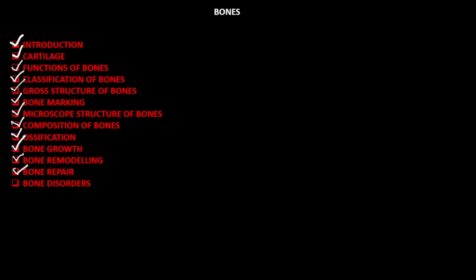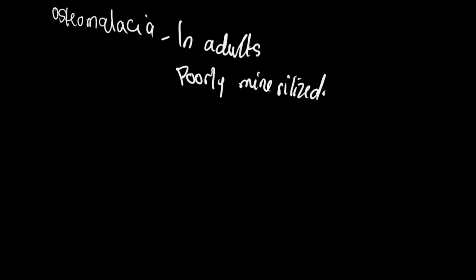Now we'll take a look at bone disorders. The first bone disorder we'll be considering is osteomalacia. Osteomalacia is associated with poorly mineralized bone in adults. When we were considering the chemical composition of bones, we saw that we're looking at two key factors: flexibility and rigidity.